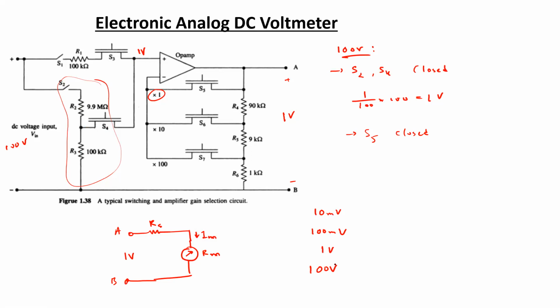So by changing the resistance combination of the voltage divider at the input side, or changing the resistance combination on the amplifier portion, multiple different gains can be obtained and different ranges can also be obtained for measuring voltages of different magnitudes.